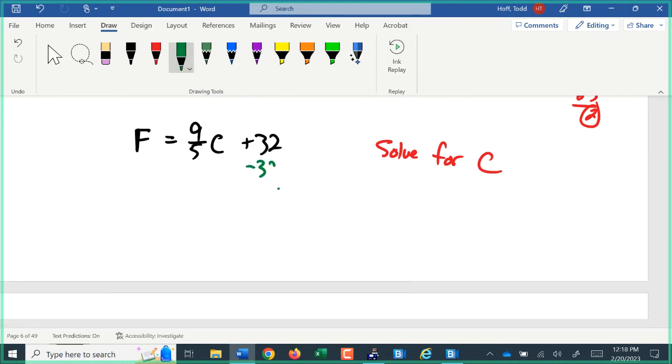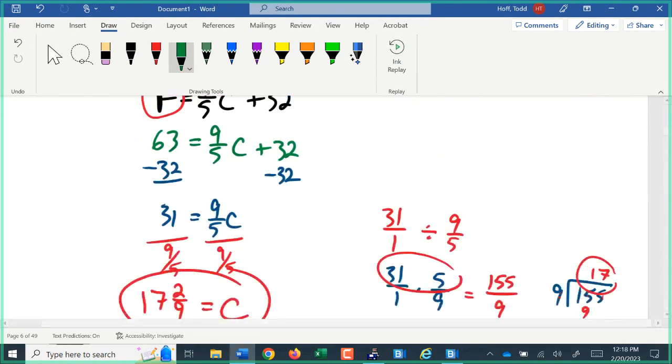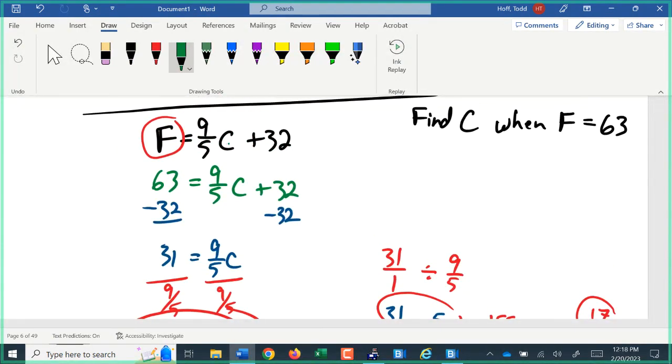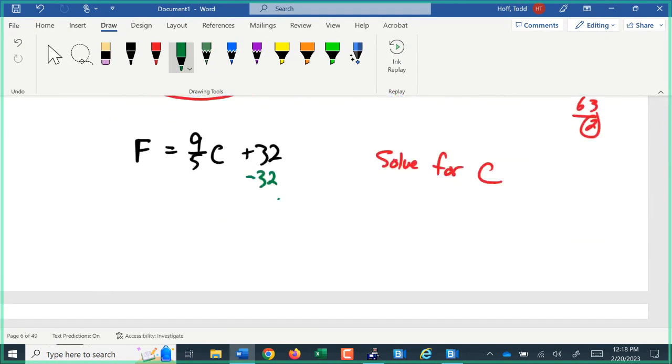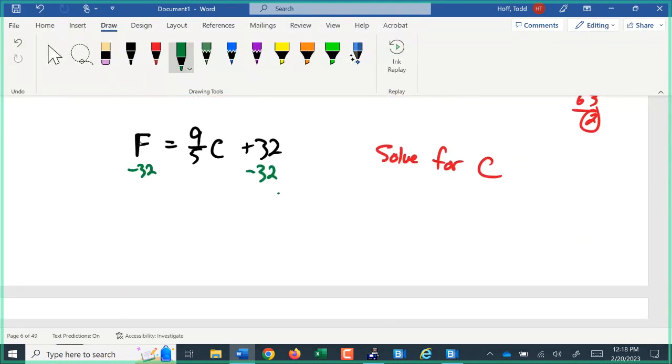I would subtract 32, just the same steps I did up here once I put a number in, only I don't have a number for F. So I'd subtract 32 from both sides. F minus 32 equals, the 32 is gone on the right side. We have 9/5 C. And then I'm going to divide by 9/5.